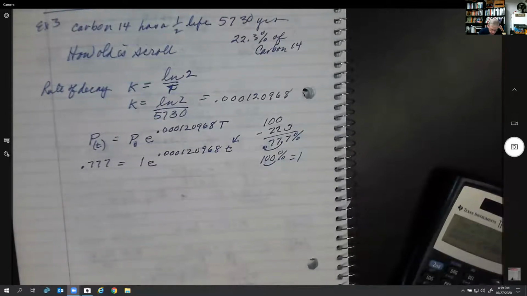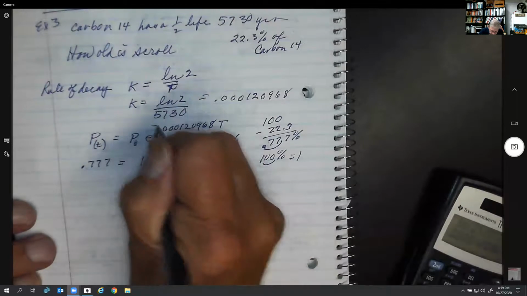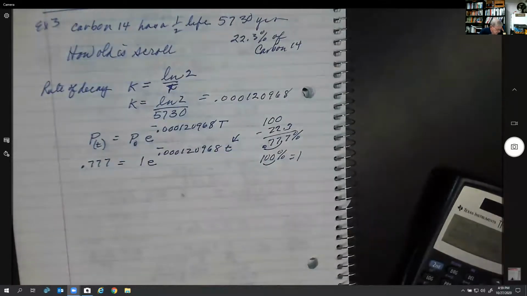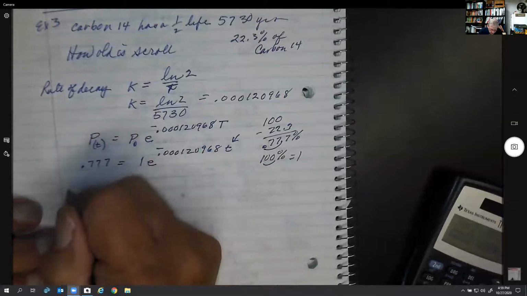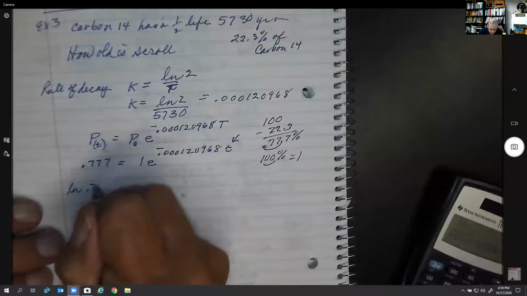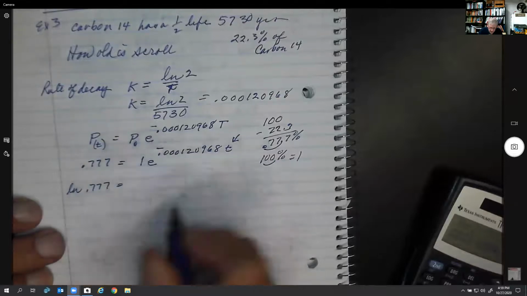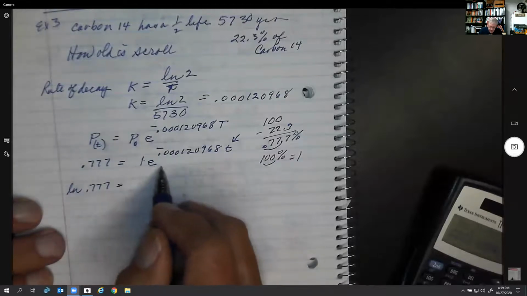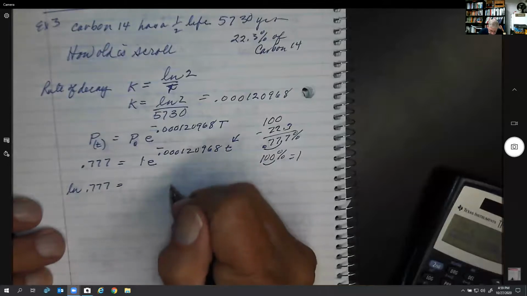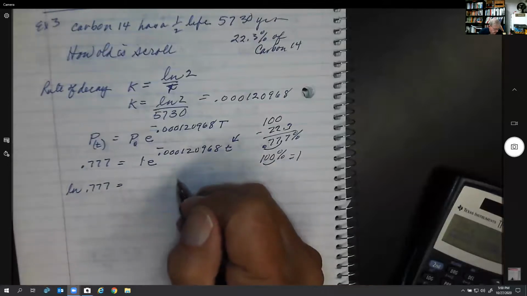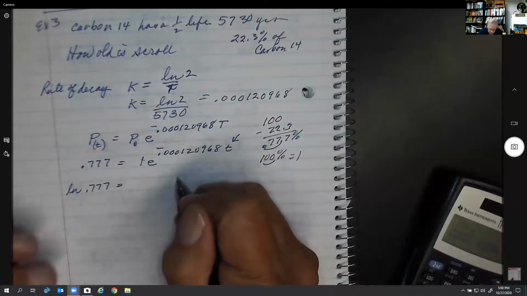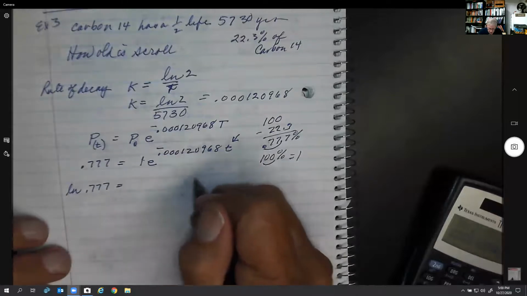So now what we're going to do, and this should be a negative because it's decaying, is take the natural log of both sides. If we take the natural log of this, it's just going to be 1, so that's not really going to help us. The natural log of e is 1.